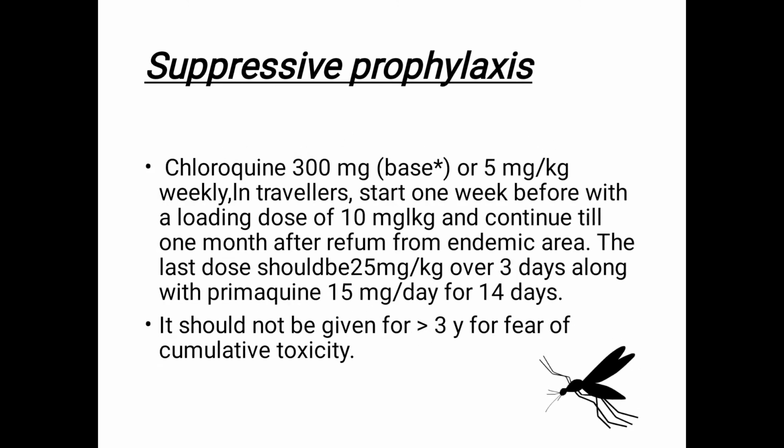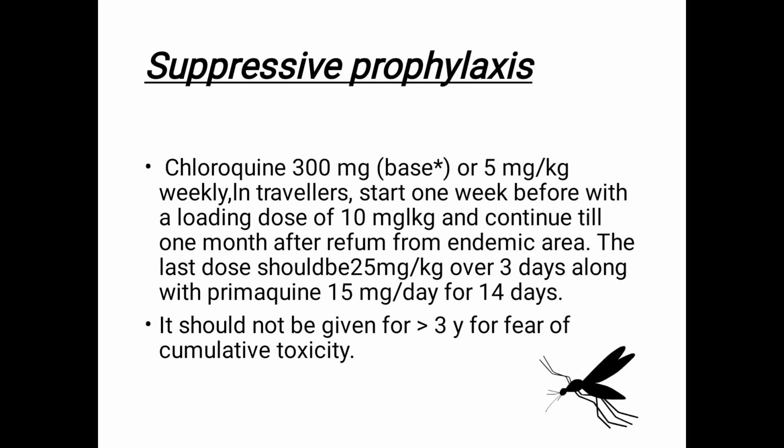Now coming to the suppressive prophylaxis. The schizonticides suppress the erythrocytic phase, and thus attacks of malaria fever can be reduced as prophylactics. The exoerythrocytic phase in case of vivax and other relapsing malaria continues, but clinical disease does not appear.